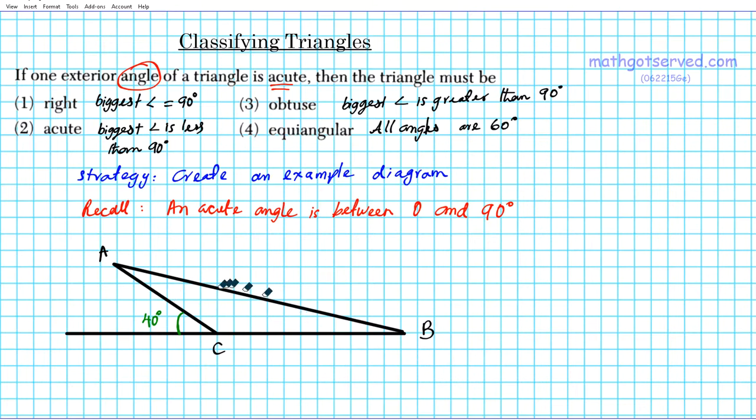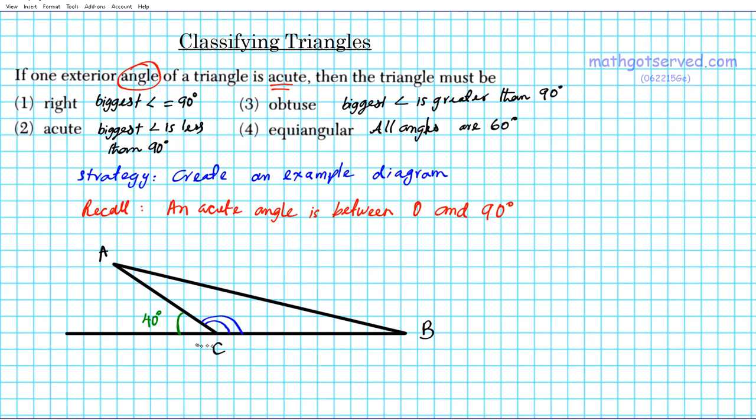So what kind of triangle is this right here? All we need to do is find the measure of the biggest angle, and we're good to go. All right, so what's the biggest angle in this triangle? The biggest angle is this angle right here, angle ACB. What's the measure of angle ACB?